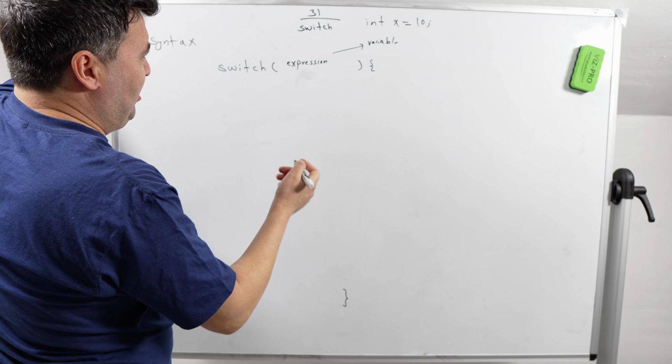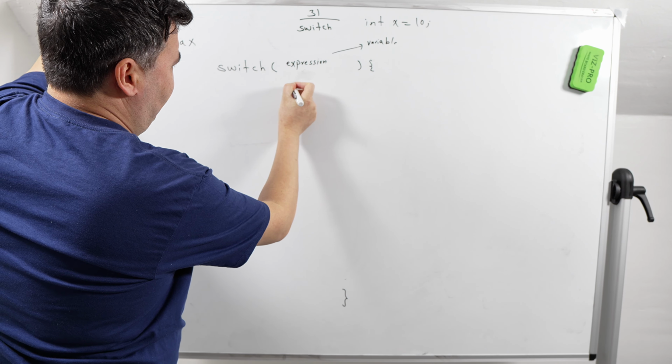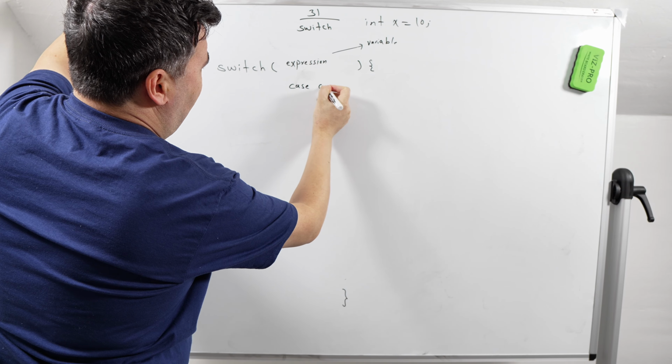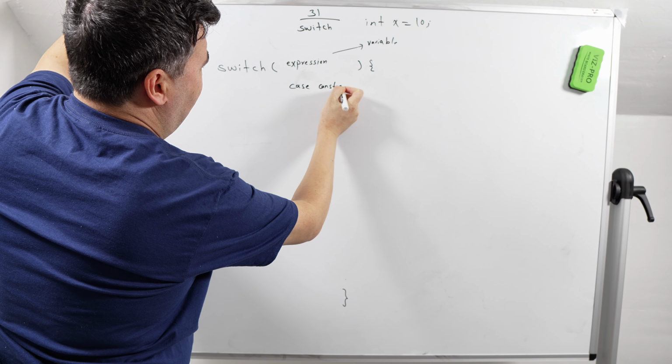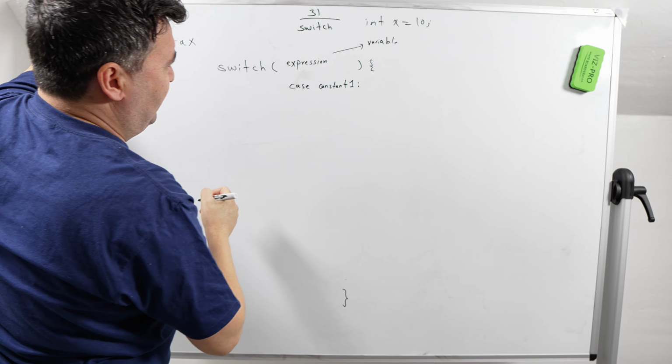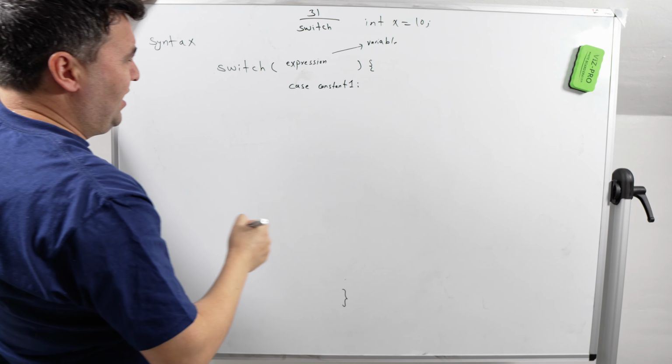Inside the switch, we have cases. So we have case constant 1, and then we have a colon.